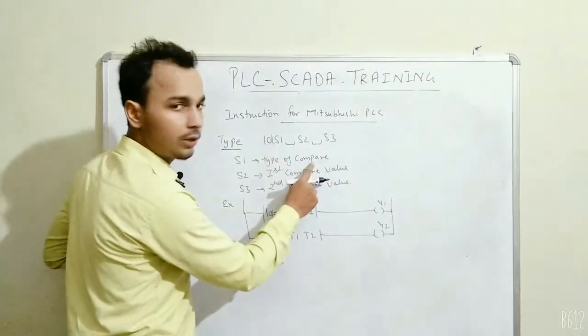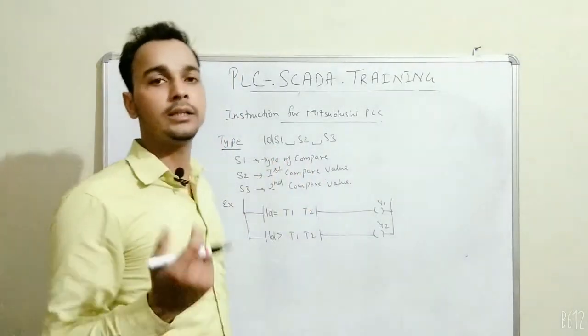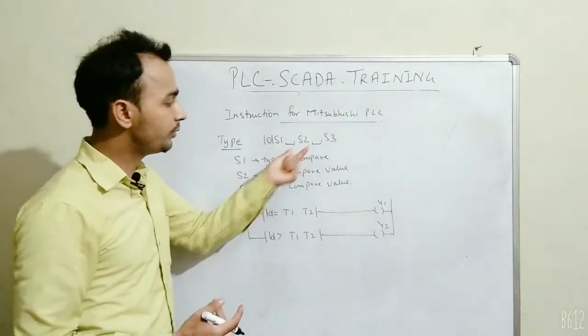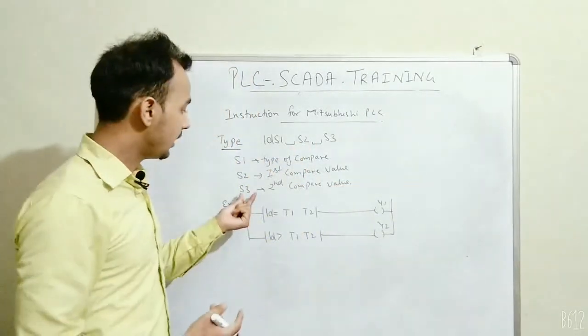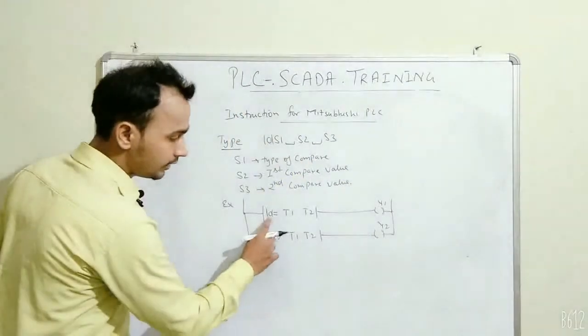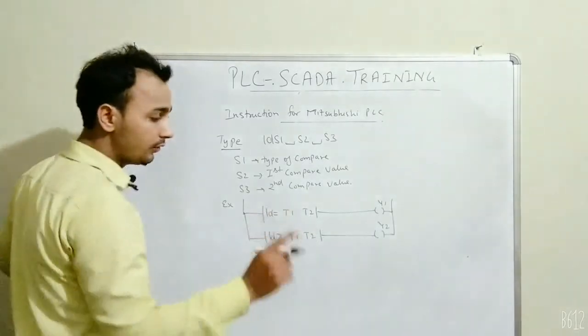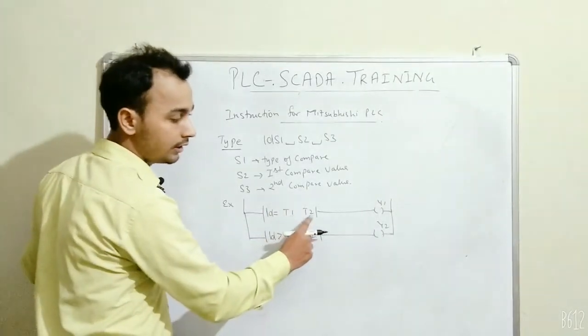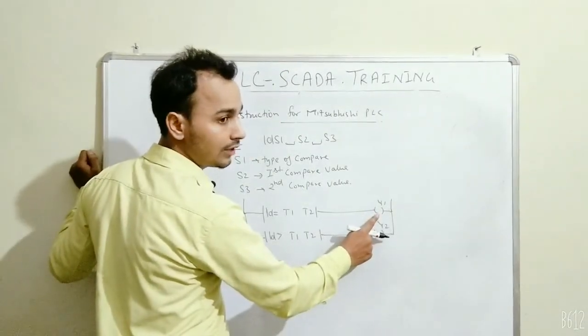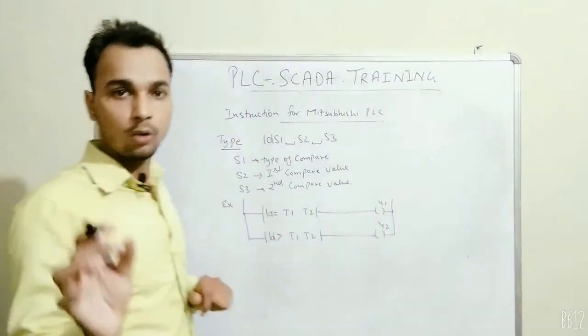S1 is the type of compare, like greater than, less than, greater than or equal to, less than or equal to. S2 will be the first compare value and S3 will be the second compare value. Just like this, LD equal to T1 T2. If the value of timer 1 and timer 2 are the same, then at that time output Y1 will be on. I hope it's clear.